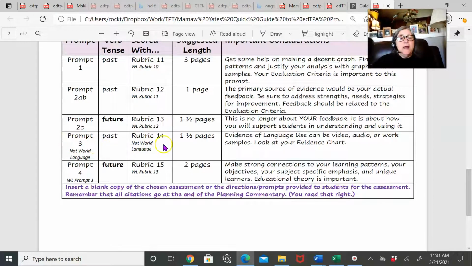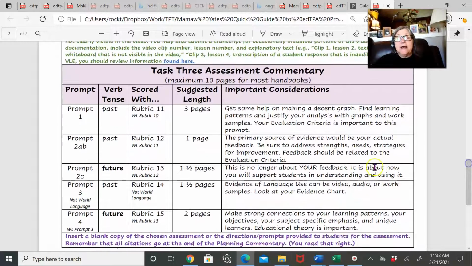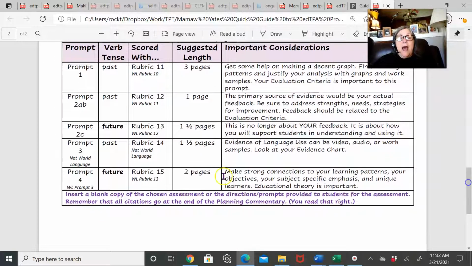Prompt 3, this is academic language. The evidence is going to come from a video, audio, work sample file. However, because that video file might be your task 2, you need to make sure that you explain it very, very well. And so I give that at least 1.5 pages. And then prompt 4, this is written in future tense.